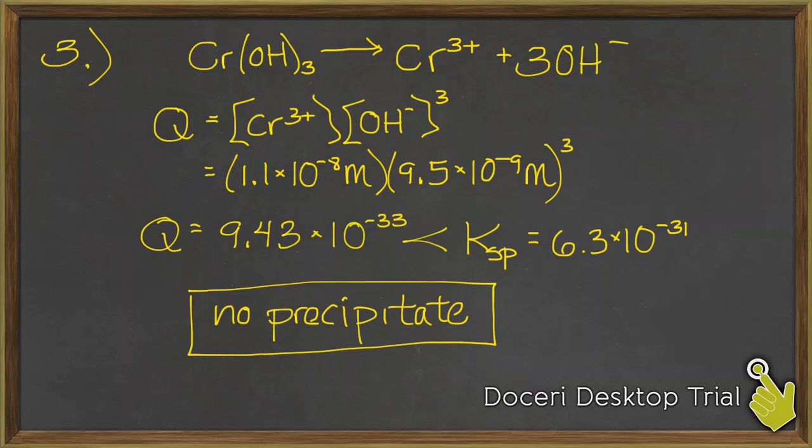But in this problem, they gave us the final molarities. How kind. I plugged them into my Q expression, solved for Q, and found that Q was less than KSP. That's a smaller number. When Q is less than KSP, you will not get any precipitate there.